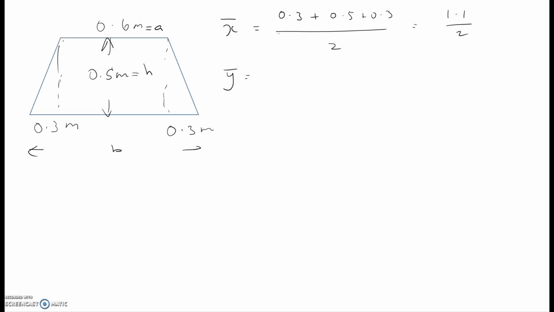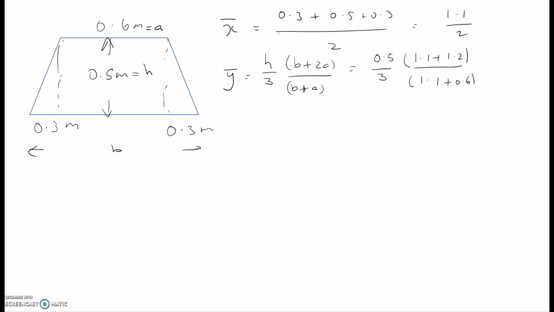Now for a trapezium there's actually a formula, and the formula says H over 3 times B plus 2A over B plus A, where A, B and H are as in the diagram. So H is 0.5 over 3 times B, which is the whole length, 1.1, plus 2 times A, so that's 1.2, all over B plus A. So B is 1.1 and A is 0.6.